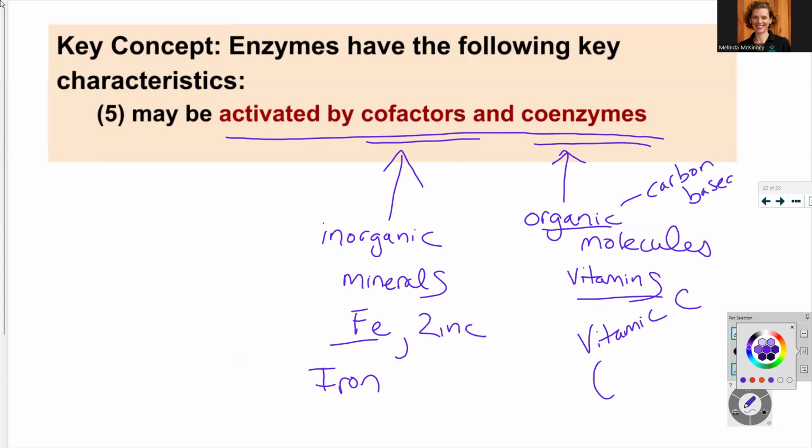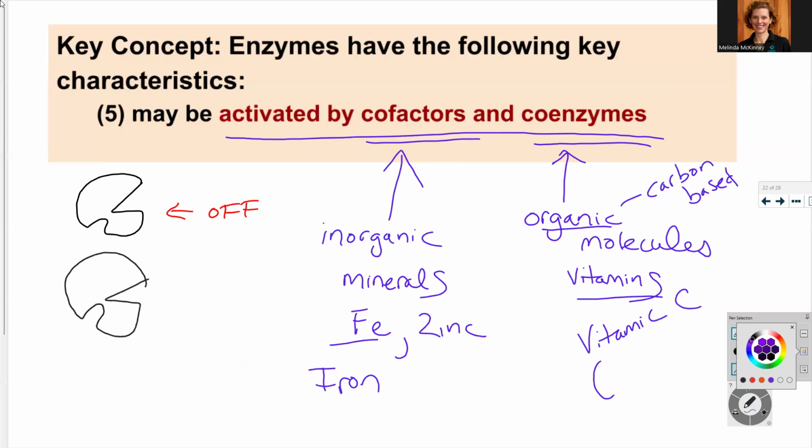So what happens is you've got an enzyme here. I'm going to draw a little space in it. Here's my Pac-Man, but now the Pac-Man has a little space over here. This orientation would be off. And let me draw another one. Here's my Pac-Man. Space. Here's my active site. And this is going to be on.